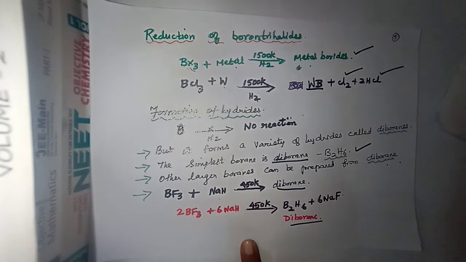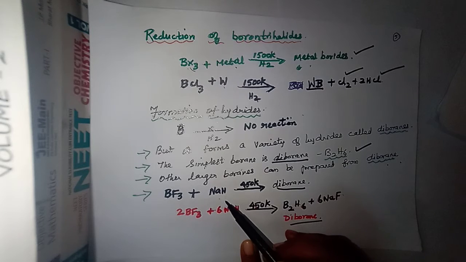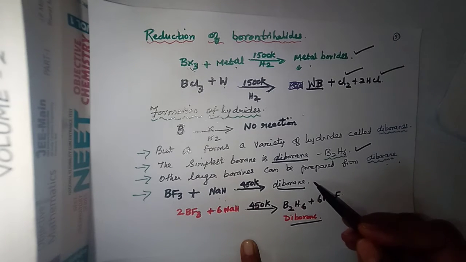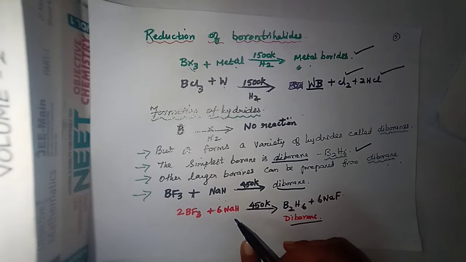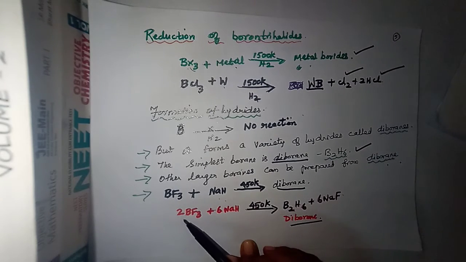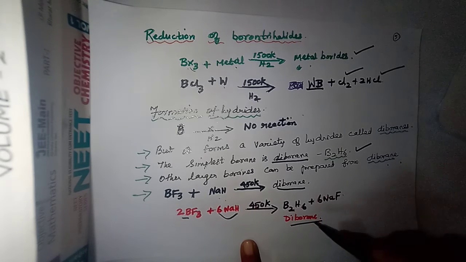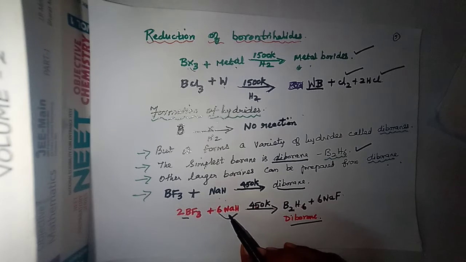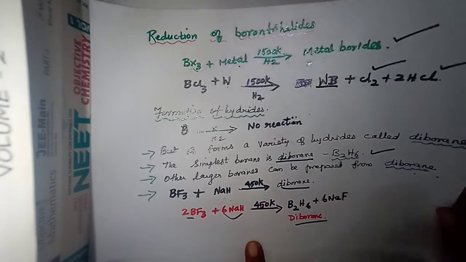For example, BF3, boron trifluoride, reacts with sodium hydride and gives diborane at 450 Kelvin. So BF3 reacts with sodium hydride to give B2H6. How many borons are there? 2, B2. Hydrogen is 6, H6. Then the remaining sodium is 6 and fluorine is also 6, so 6 NaF, sodium fluoride.